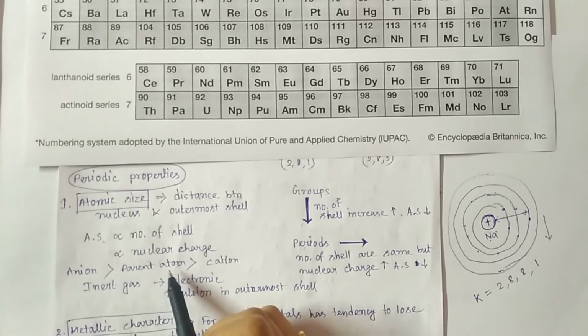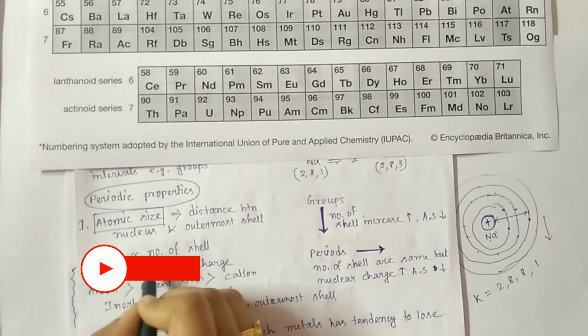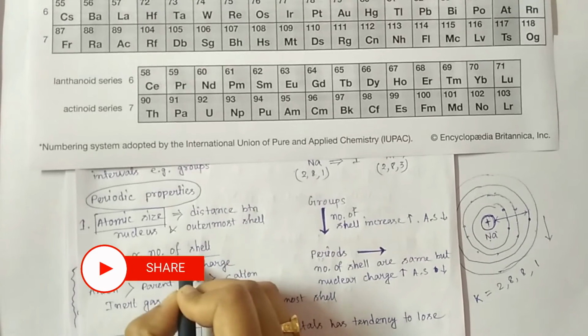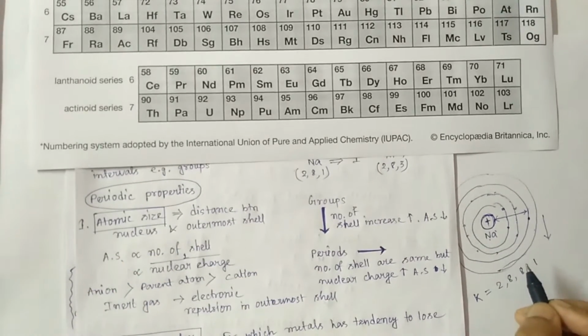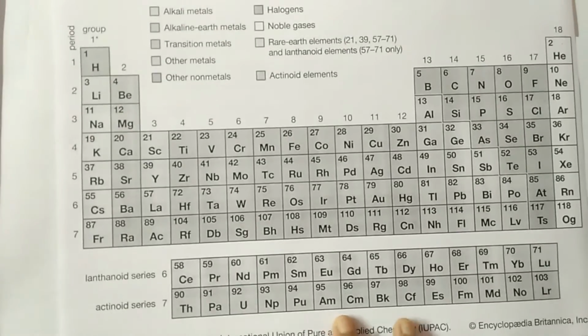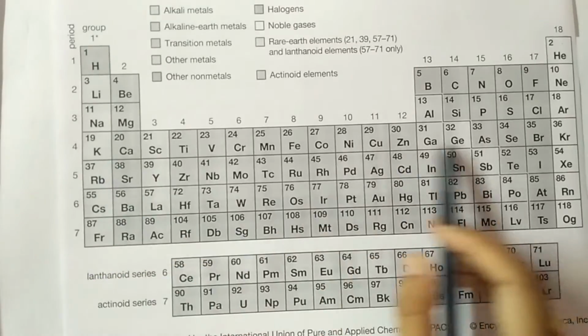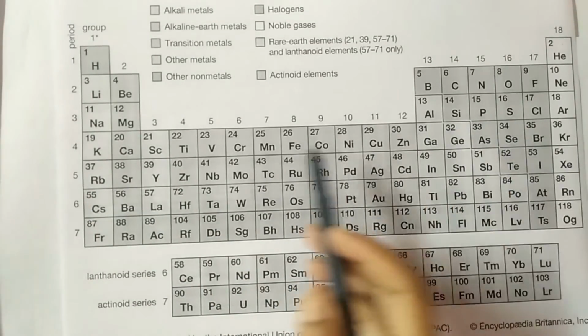As we increase nuclear charge, the atomic size will reduce. Sorry, I made a mistake. It is inversely proportional. If we increase the nuclear charge, the atomic size will get reduced. For example, going left to right across a period: sodium, magnesium, aluminium, silicon, phosphorus, sulfur, chlorine.